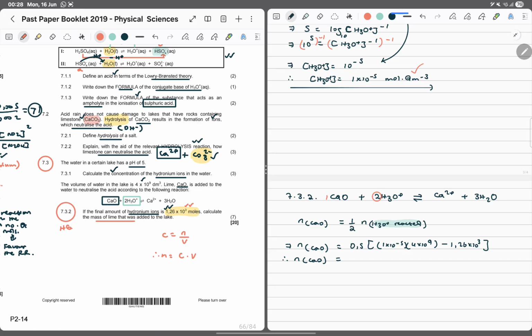From this one we subtract 1,26 times 10 to the exponent 3. So I'm getting a very large number here, 19,370 mole.